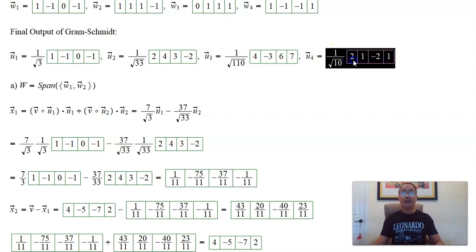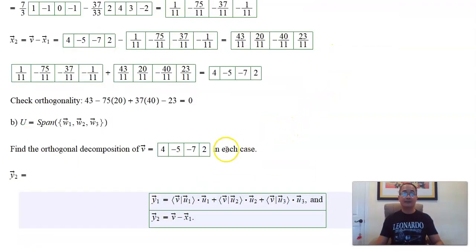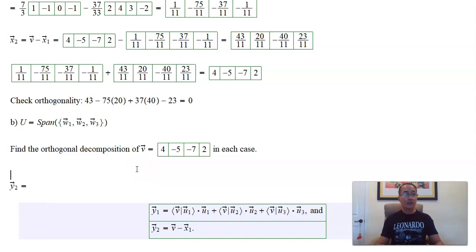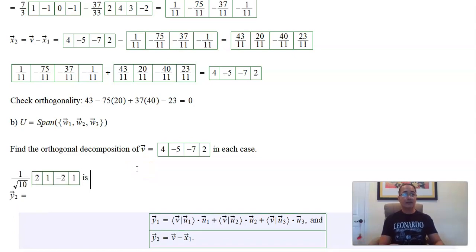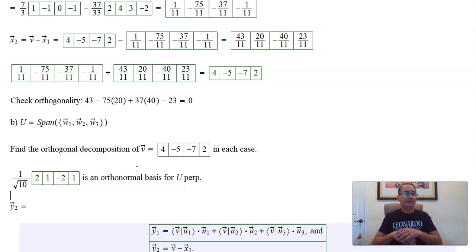Remember, there was just one vector and it was this guy. So this is an orthonormal basis for u perp. This allows us now to find y2 directly.